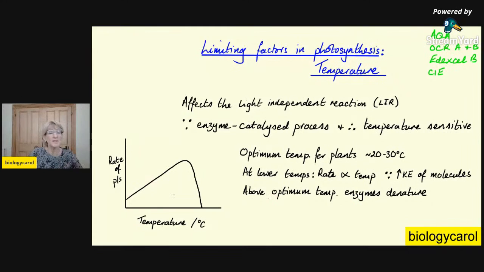Can I just point out that this is the optimum temperature, this is where enzymes denature, but notice that enzymes don't denature below the optimum temperature. It is simply the reduction of the kinetic energy that is slowing down the reaction.